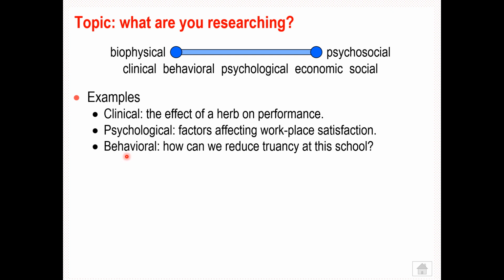Behavioral. If someone is trying to study behavioral problems, he can choose a topic like how we can reduce truancy at schools. In society we have plenty of problems due to behavioral changes. This is very common at school and university level. There are students who, without any specific reason, remain absent from school or university.